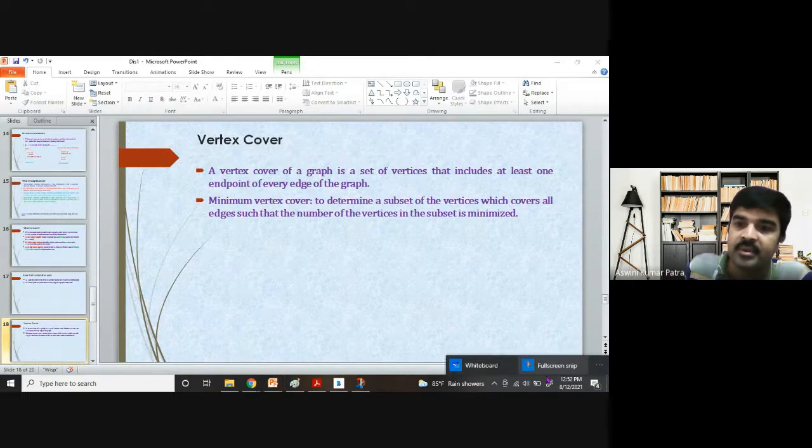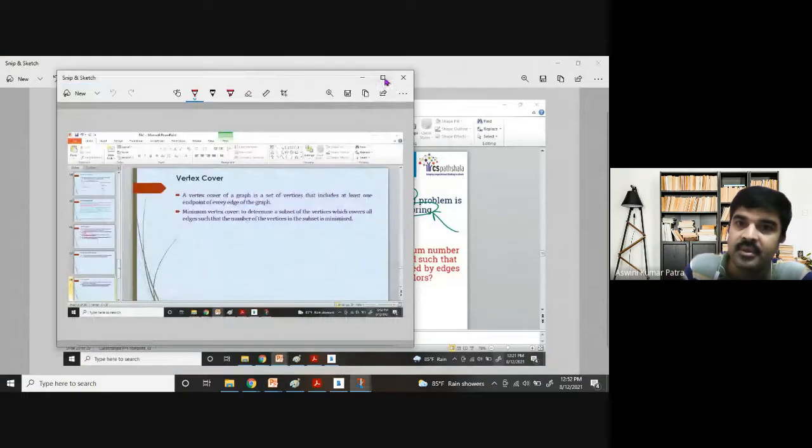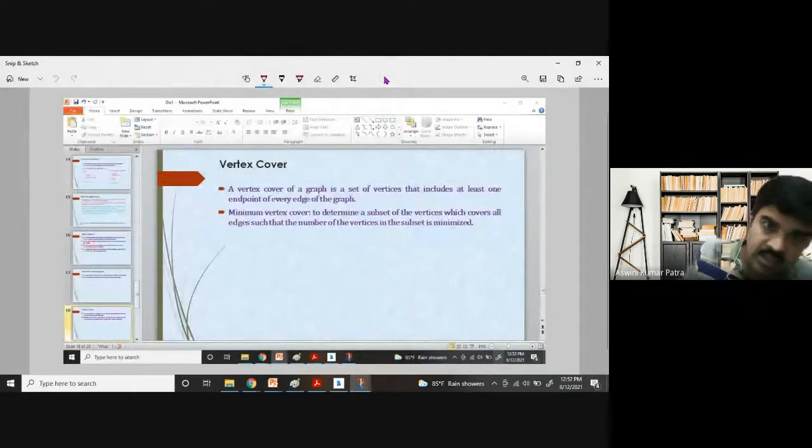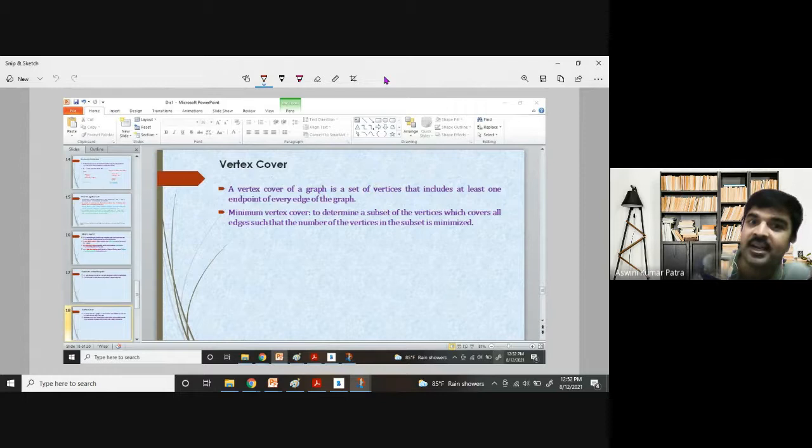Read out while I'm doing it: a vertex cover of a graph is a set of vertices that includes at least one endpoint of every edge of the graph.